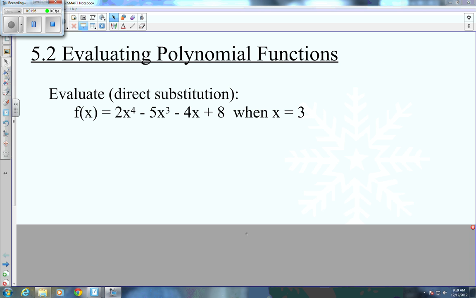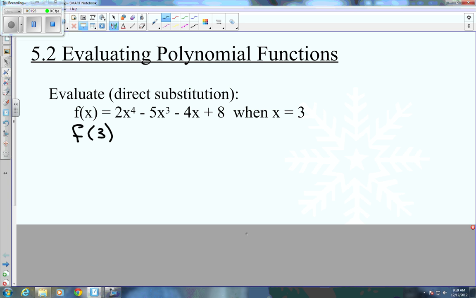So we're going to evaluate a function using direct substitution. This is what you've done many times before. I have a function, its name is f of x equals 2x to the 4th minus 5x to the 3rd minus 4x plus 8. I want to evaluate it when x equals 3. So I take f of 3.